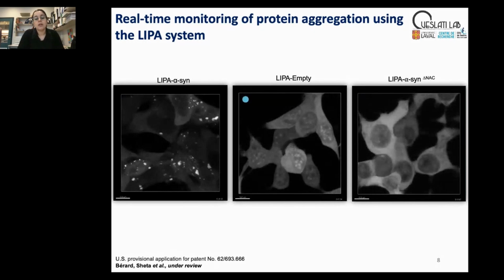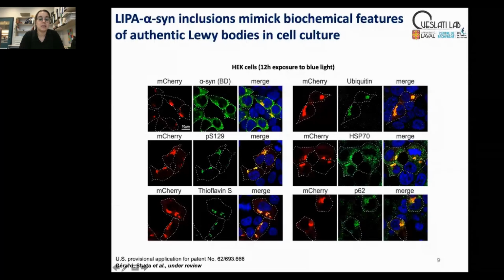We next wanted to see if our inclusions can recapitulate many of the biochemical features of authentic Lewy bodies. As you can see here, our LIPA-syn aggregates that are mCherry positive, which are formed after light exposure, are positive for alpha-syn. They're also positive for the two main hallmarks of Lewy bodies, phospho-serine and ubiquitin, where you see colocalization and presence of these markers.